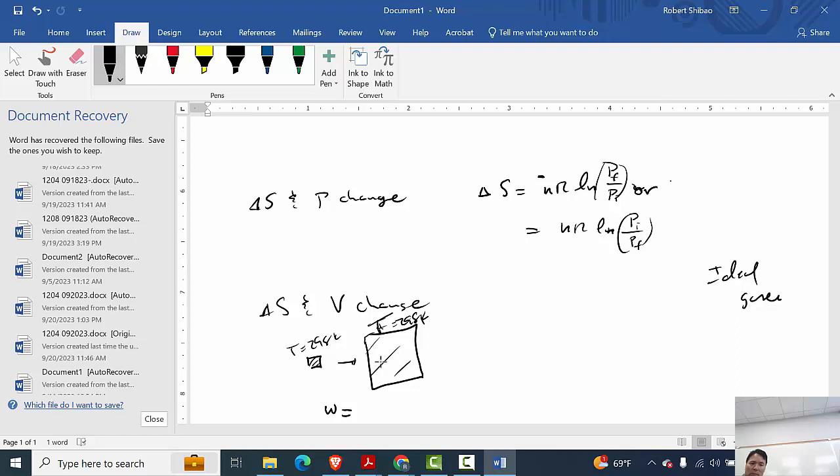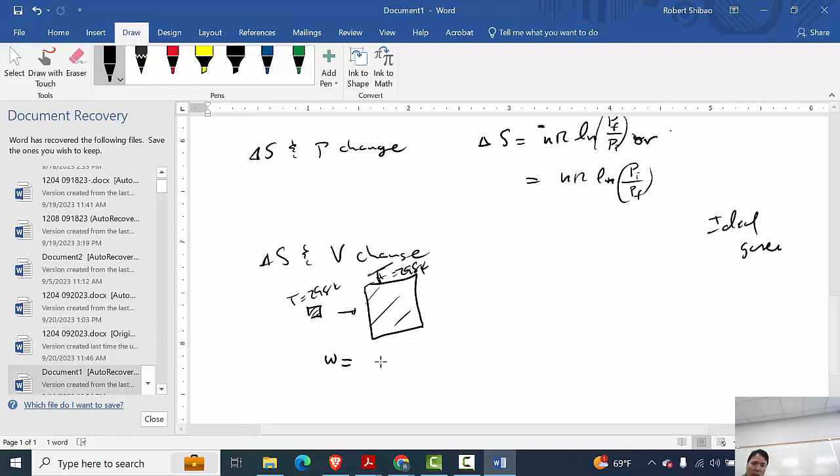Do you guys remember the equation for work? PV work? It's minus P delta V. That's the amount of work.